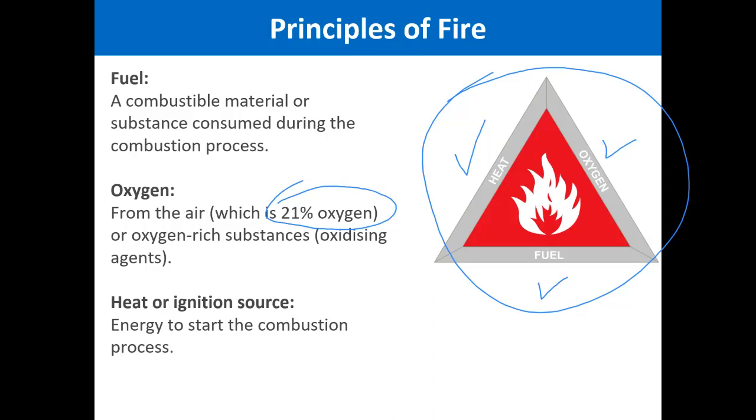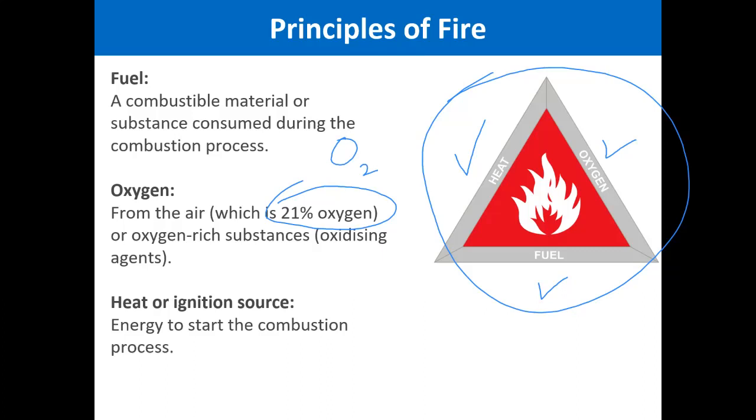Oxygen is from the air, which is 21%, or we can get oxygen from oxygen enriched substances as well, such as oxidizing agents. The oxygen in the atmosphere exists as O2. And then heat or an ignition source is required to start the combustion process. So these are the three components of fire.